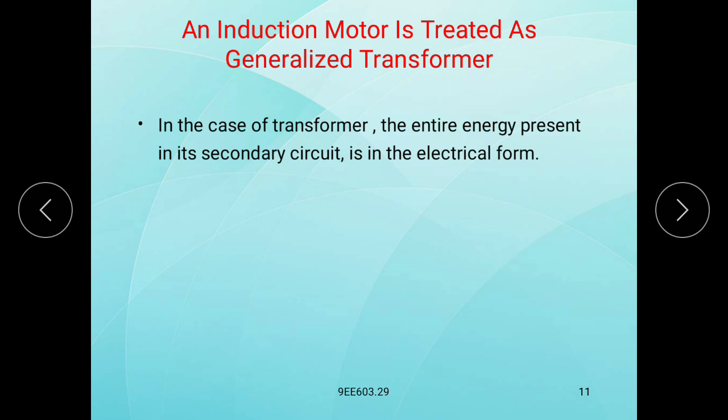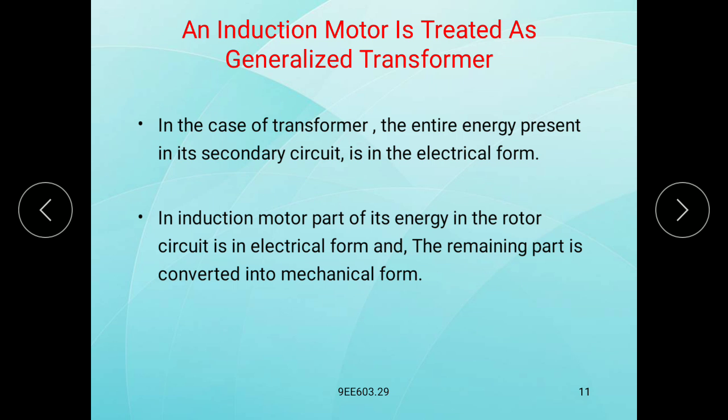In the case of a transformer, the entire energy present in its secondary circuit is in the electrical form, but here in the induction motor, part of its energy in the rotor circuit is in electrical form and the remaining part is converted into mechanical form.